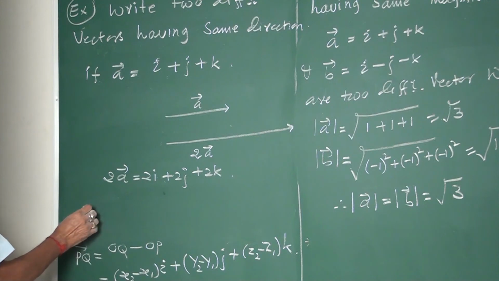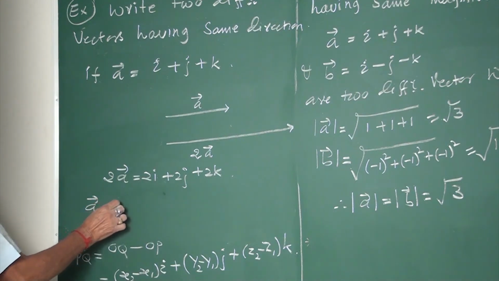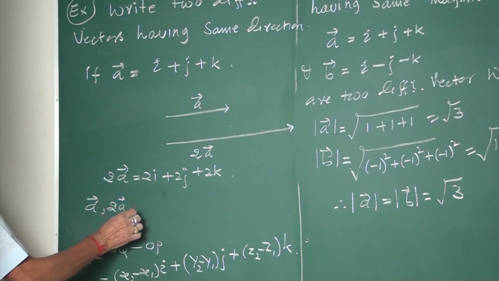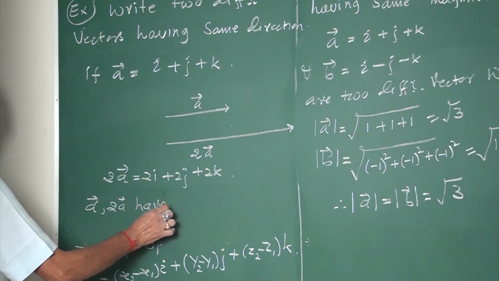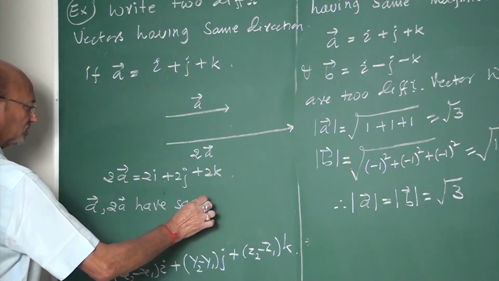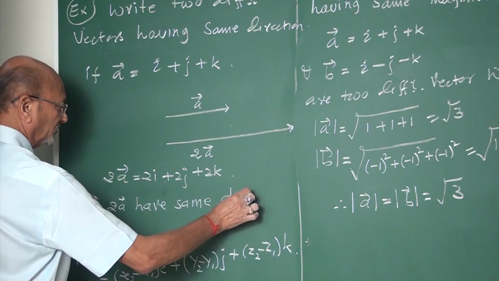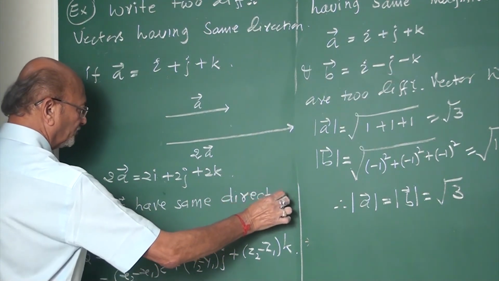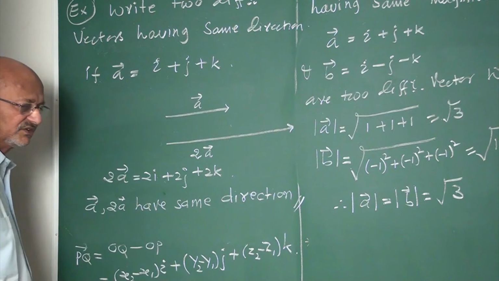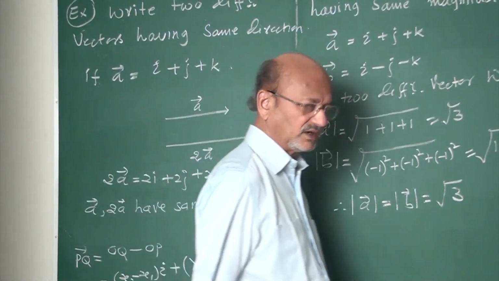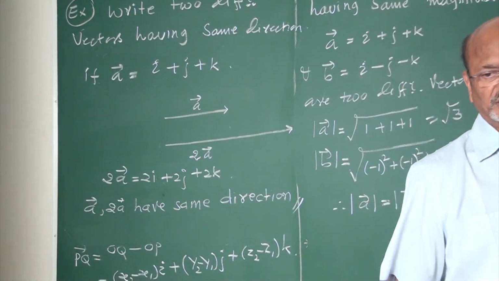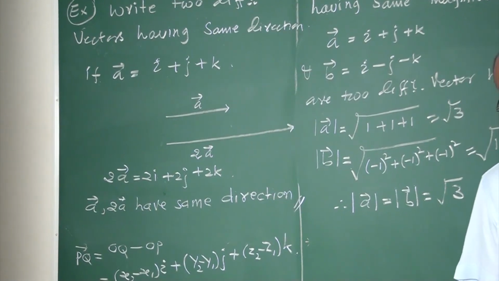A and 2A have the same direction but different magnitude.